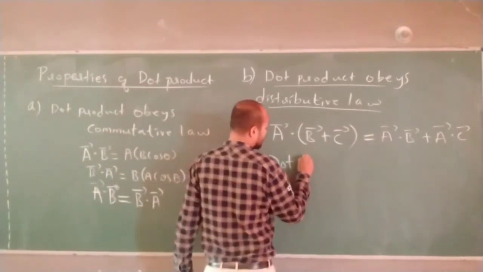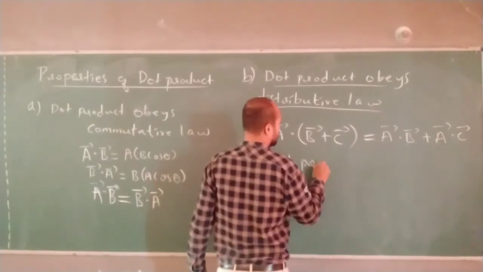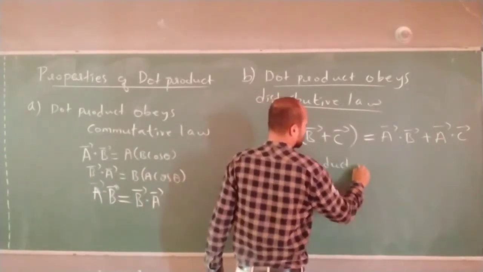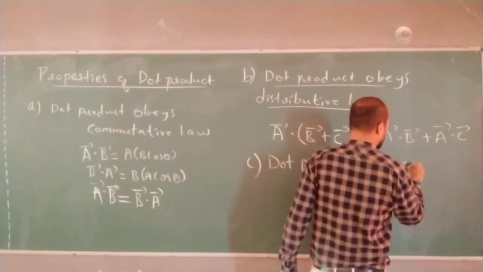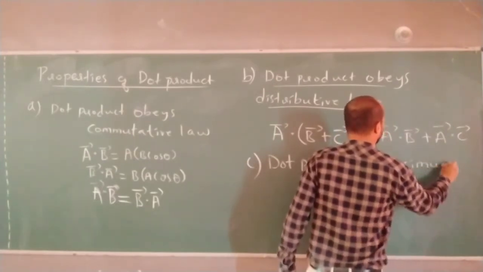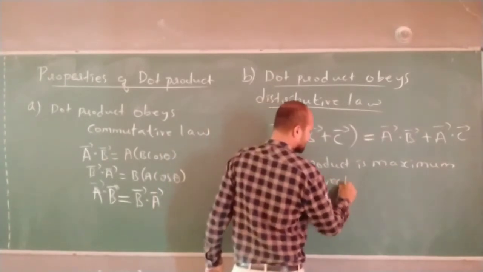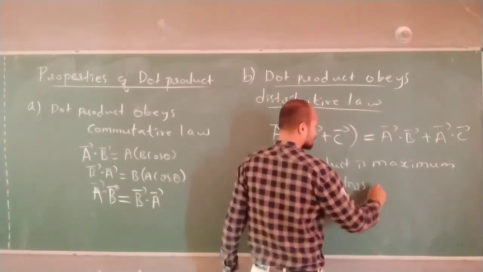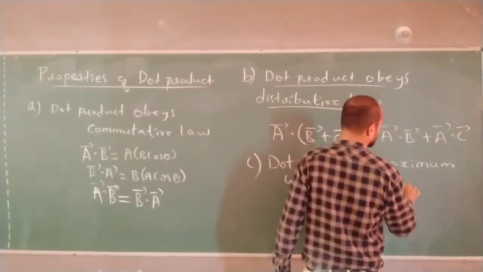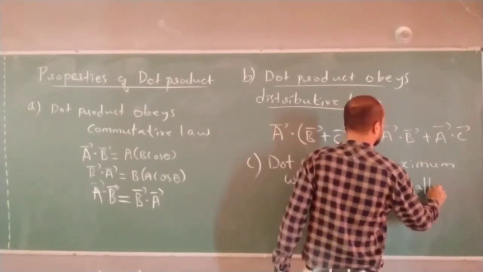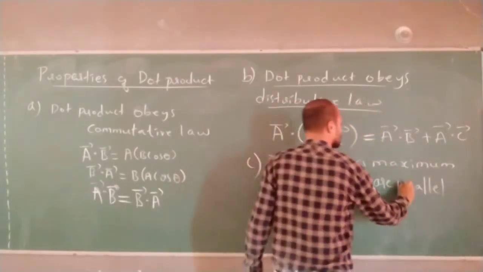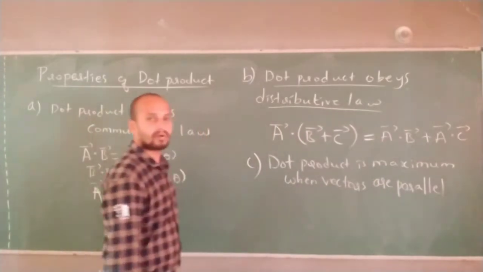The dot product is maximum when vectors are parallel. These are very important properties you have to remember.